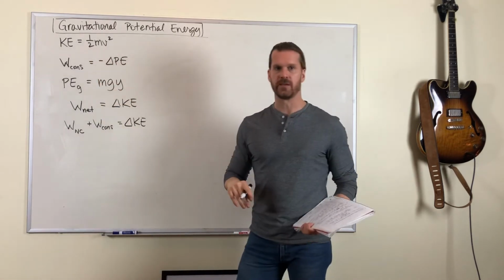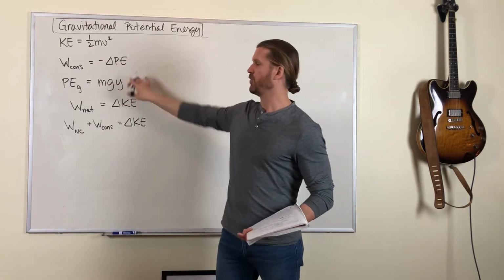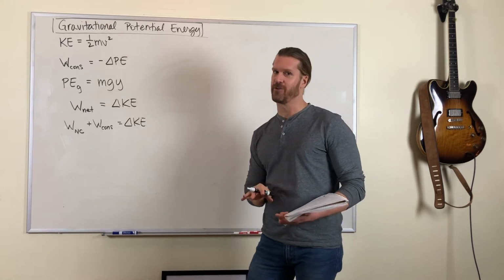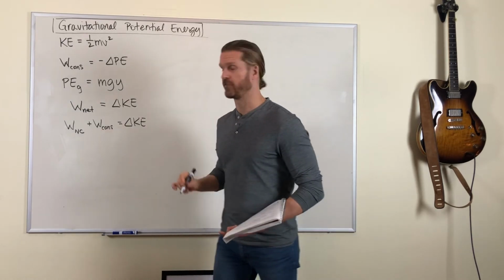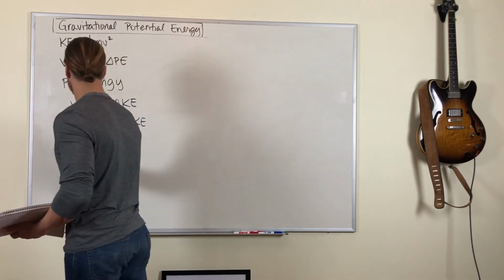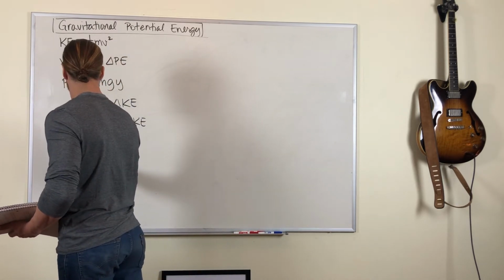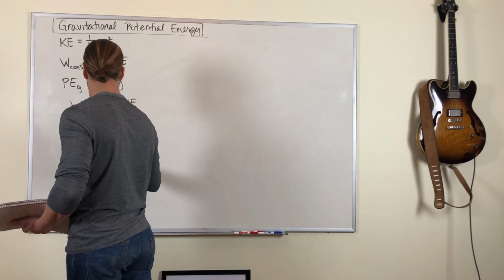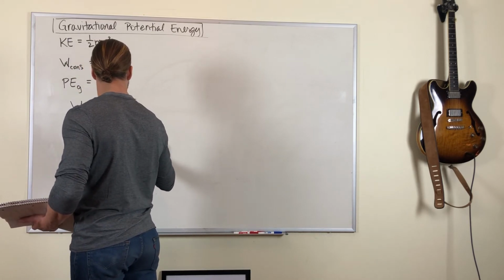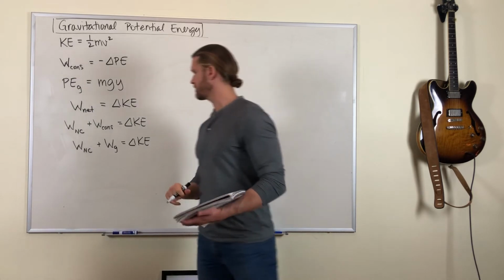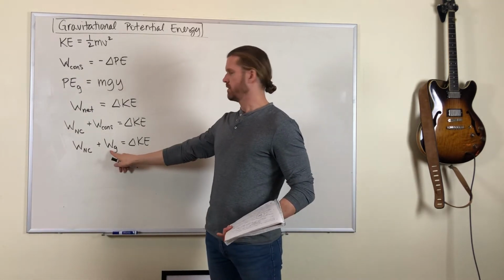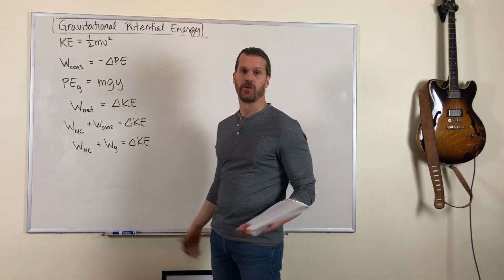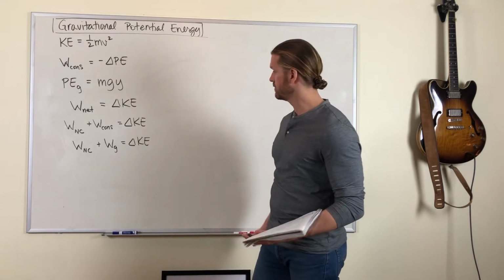And for the time being, since the only conservative force we've learned about so far is gravity, let me just focus on gravity here. Later on, we'll expand this to include all types of conservative forces.